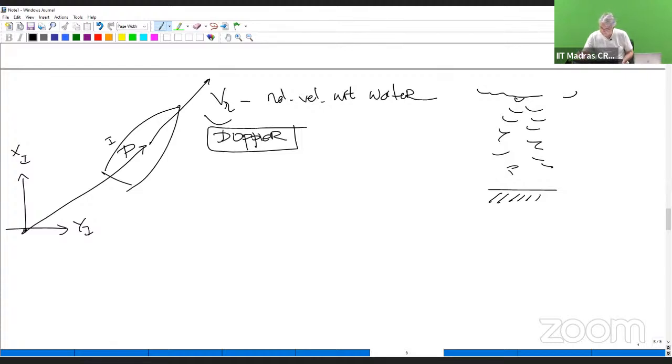But what you can do, you can switch to what they call water-lock mode, where you insonify a certain area and the way the acoustic waves bounce off the particles in the water. So you can measure the relative velocity with respect to the water, but which is not the inertial velocity, because this would require you to shoot against the seabed.